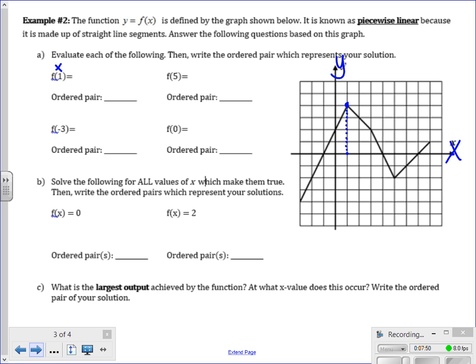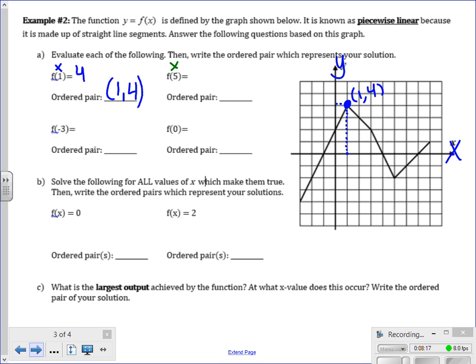If I go up to the graph, that point has an x value of 1, but I need to find the y value. So I count up 1, 2, 3, 4. So f of 1 equals 4, and I even wrote the ordered pair already for you on the graph: (1, 4).